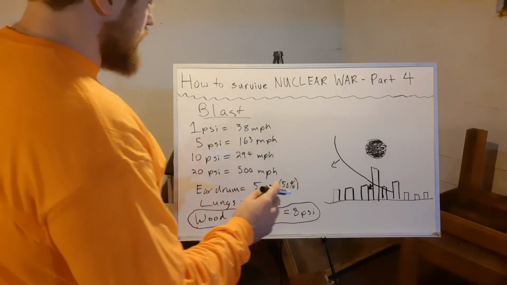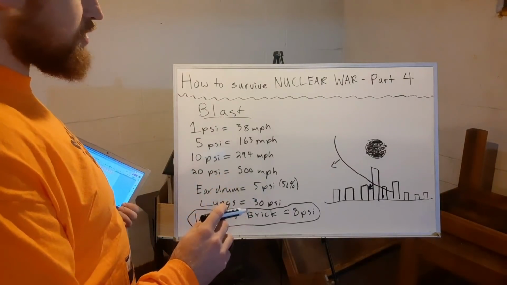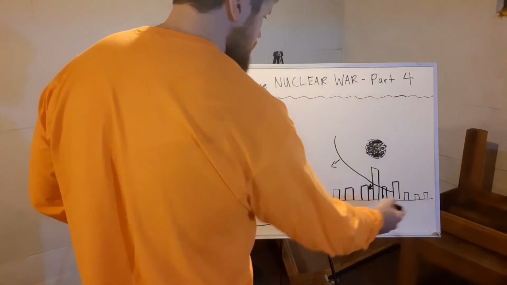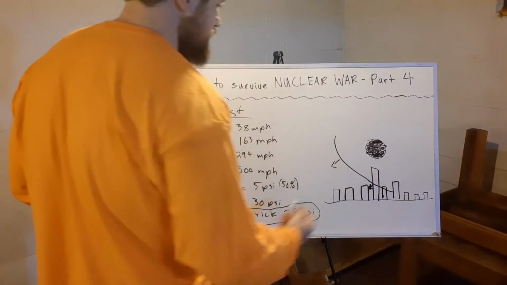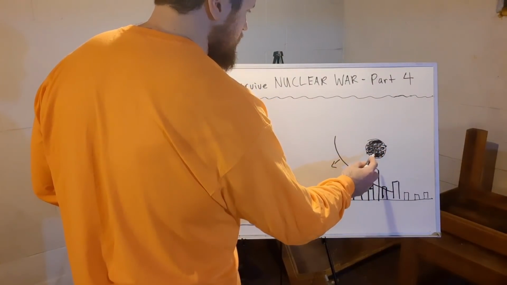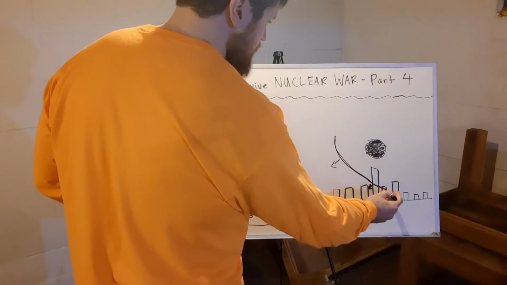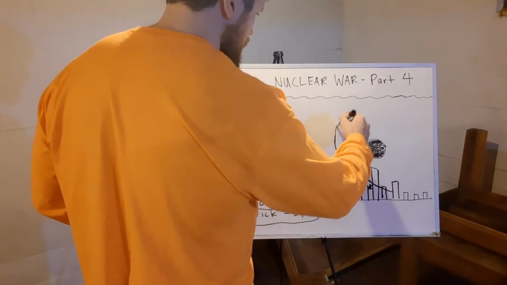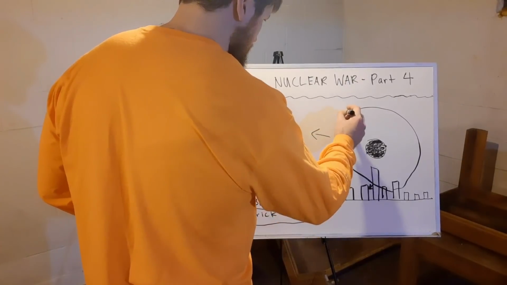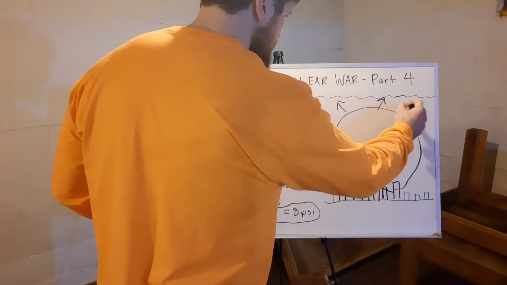I want to talk to you guys a little bit more in detail about the blast wave and what to expect from it. Here I have a drawing of a fictional city. This could be whatever city you want. Here we have the fireball, which is the detonation point, and here we have the blast wave. The blast wave comes out in all directions, 360 degrees, radiating from the detonation point.